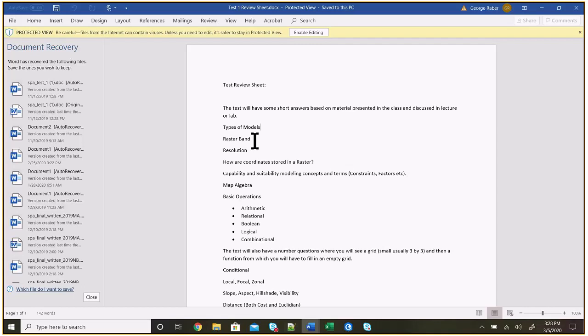We could have a raster that represents something like sea surface temperature, and then we could have different bands that represent the sea surface temperature at different depths, I guess is a better way to say that. So a raster band, another way to say that, is a multi-dimensional raster data set.